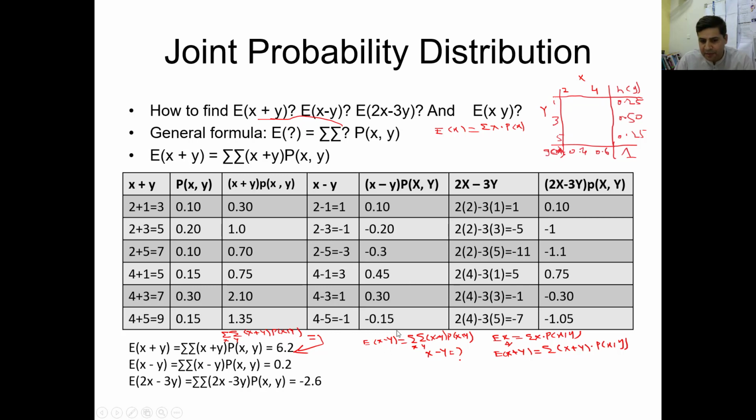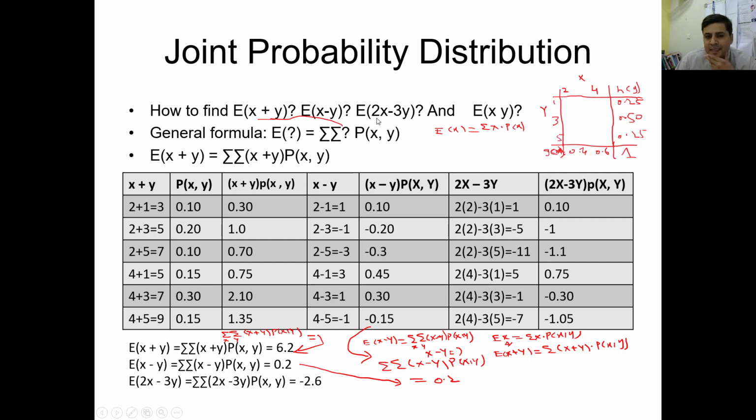So in this way, when you sum this whole column, it will be the summation of (x minus y) into pxy, and the value of this we have already calculated, which is 0.2. So in this way you can easily calculate these probabilities, the joint probability distribution mean.